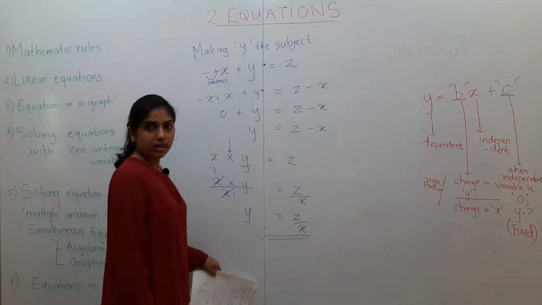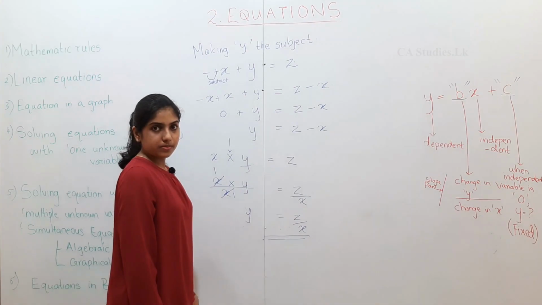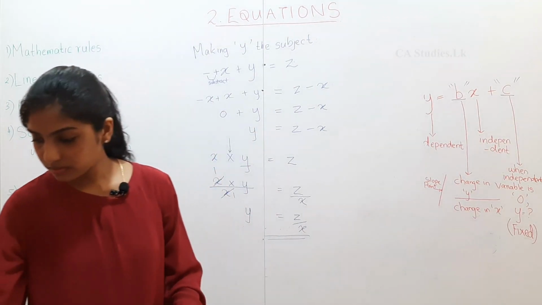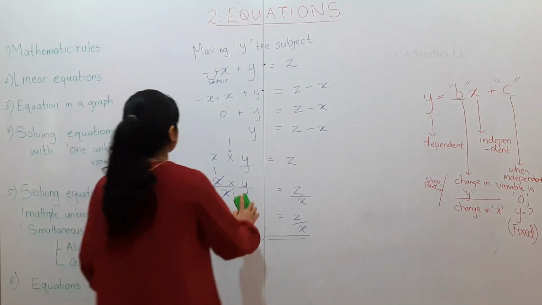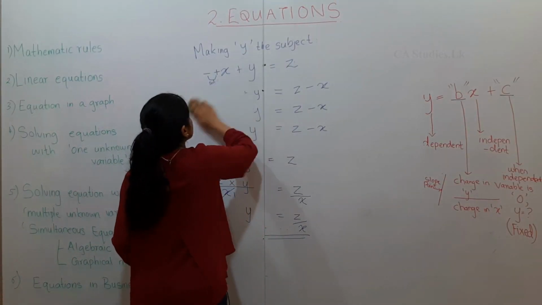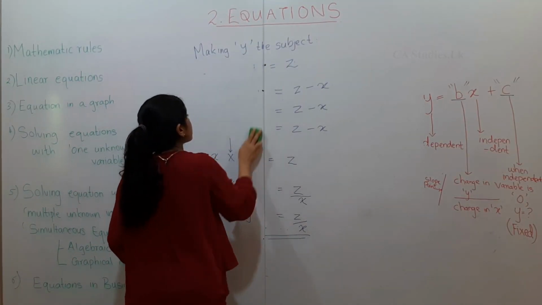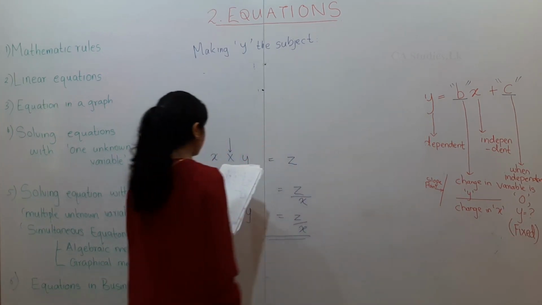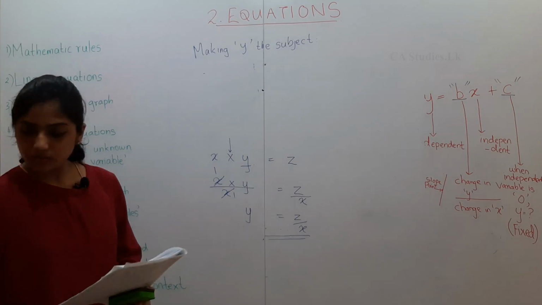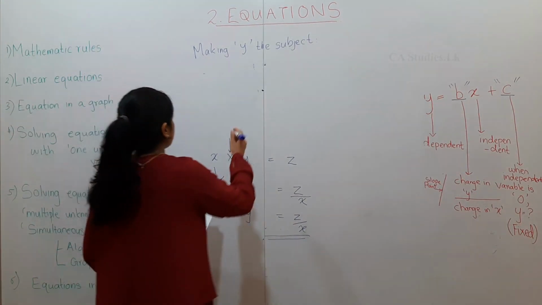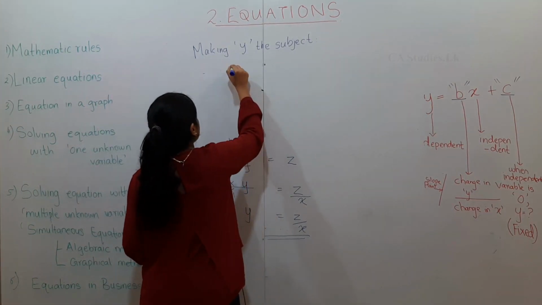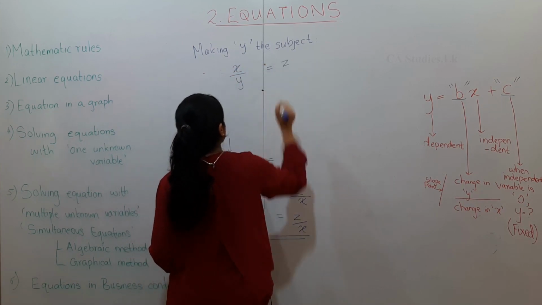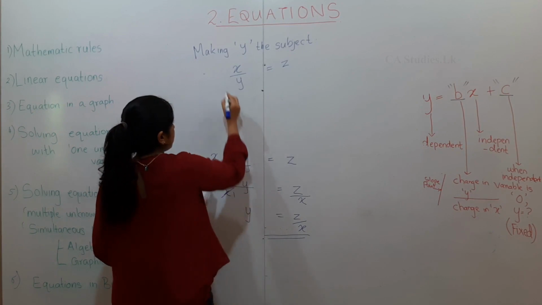This is type 2. Type 3. When x is divided by y and equal to z, how do you find y?